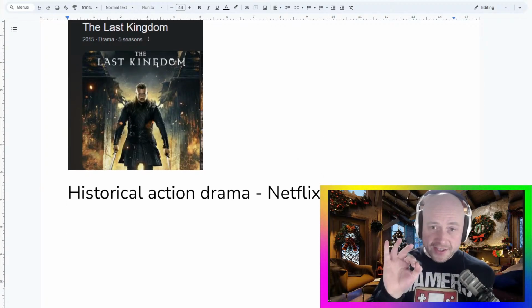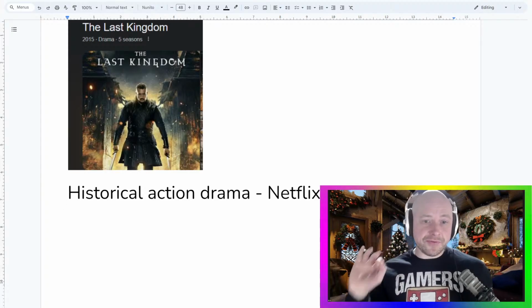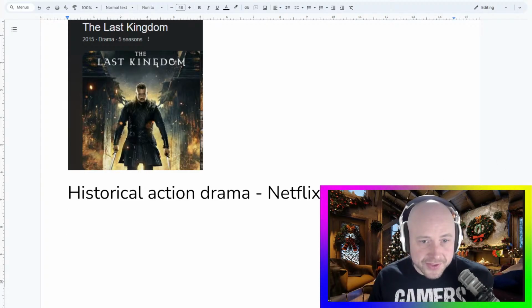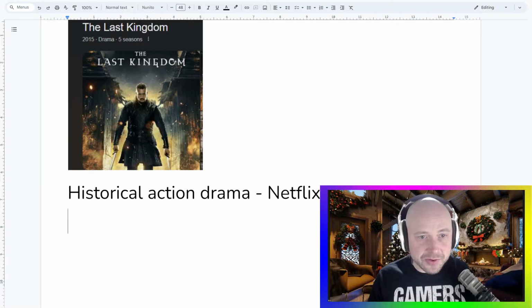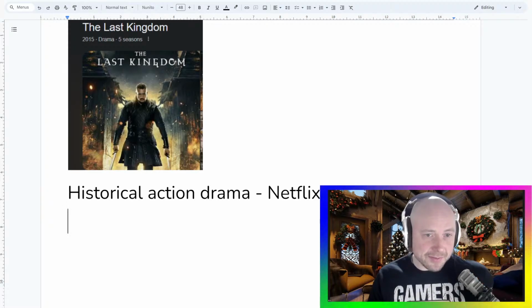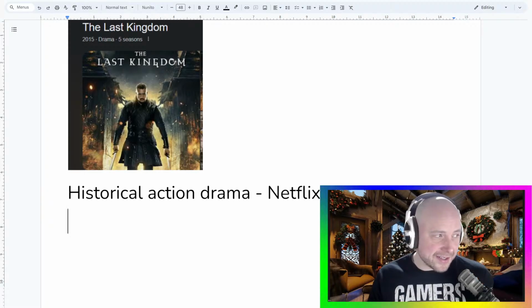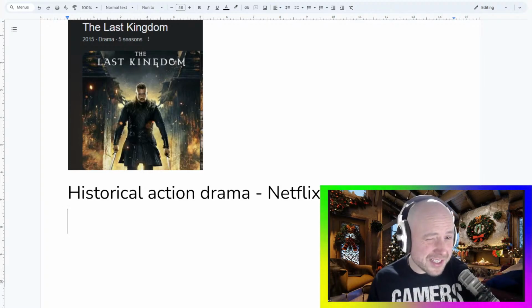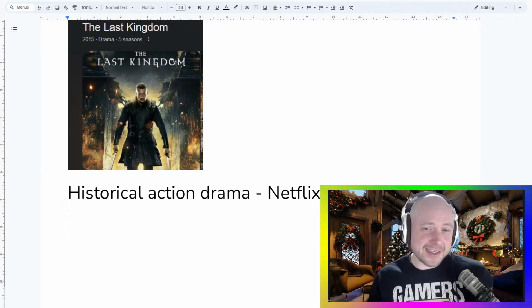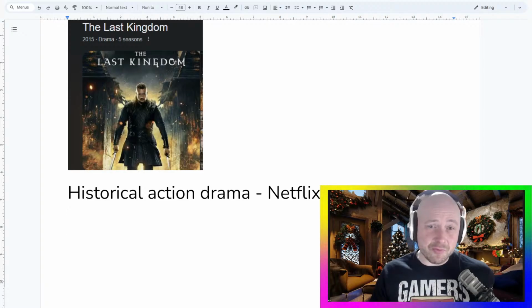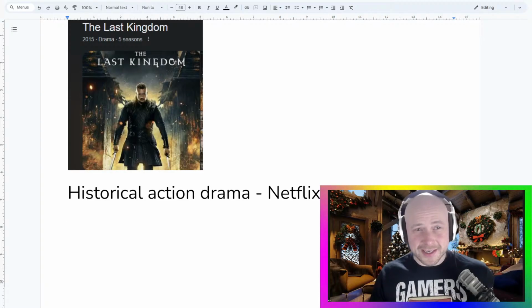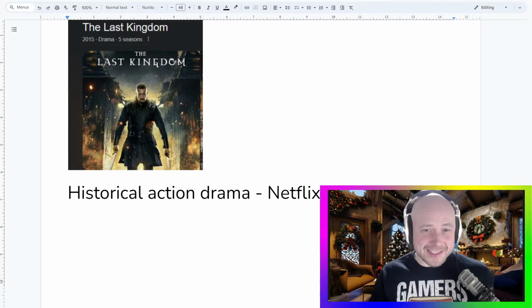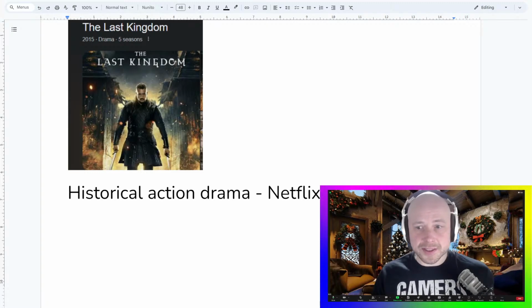You need to be interested and you need to be able to follow it without subtitles. If you can't follow it without subtitles, then you need something easier. Because if you use subtitles, that means you're practicing vocabulary and reading. You're not practicing listening. So if you want to practice listening, then you need to be able to understand it without subtitles.